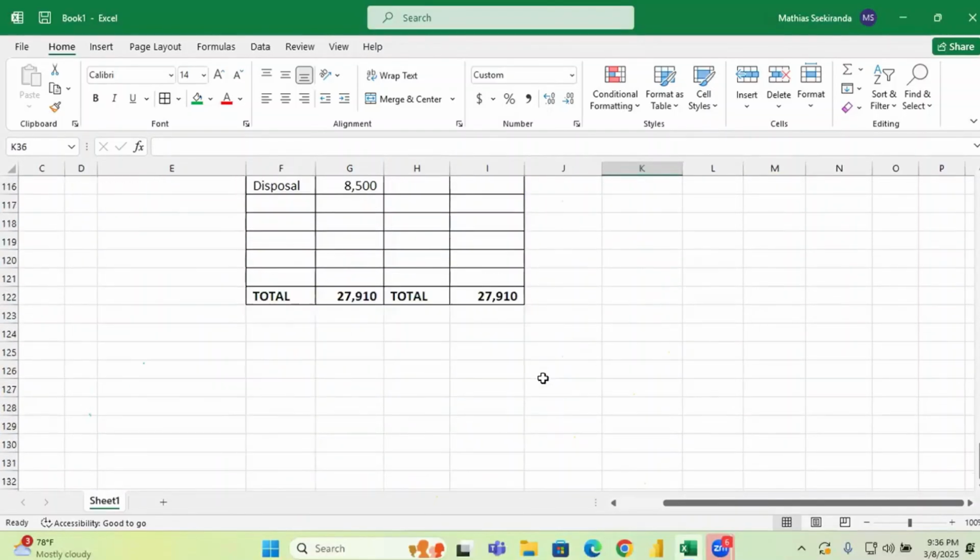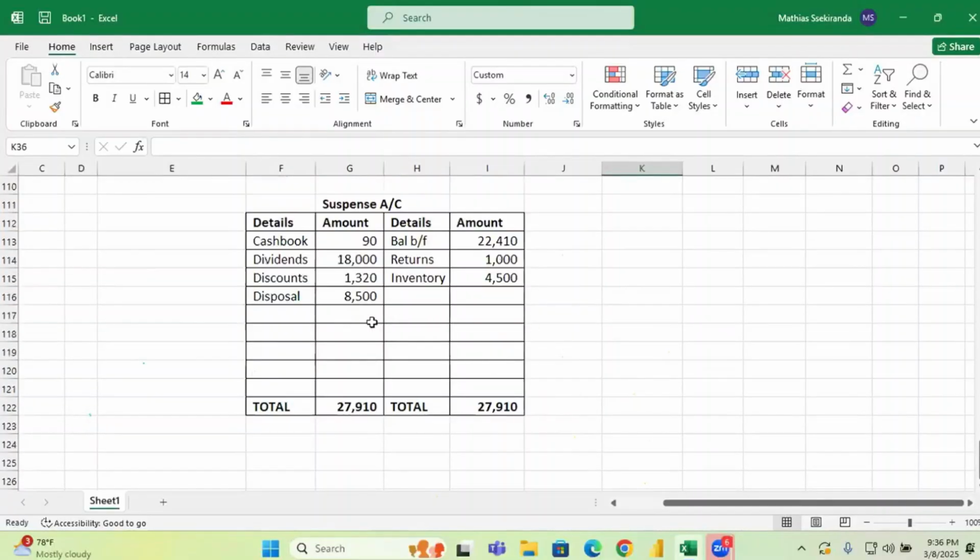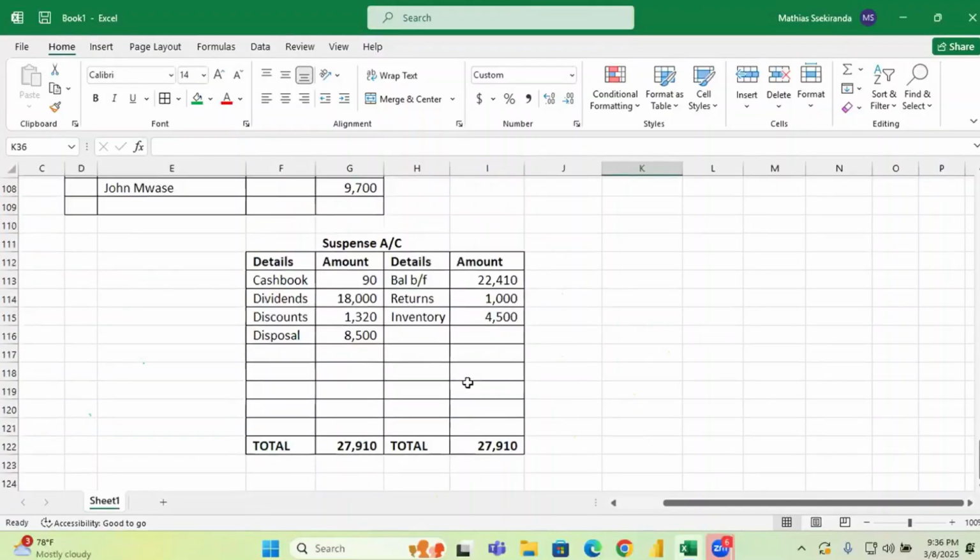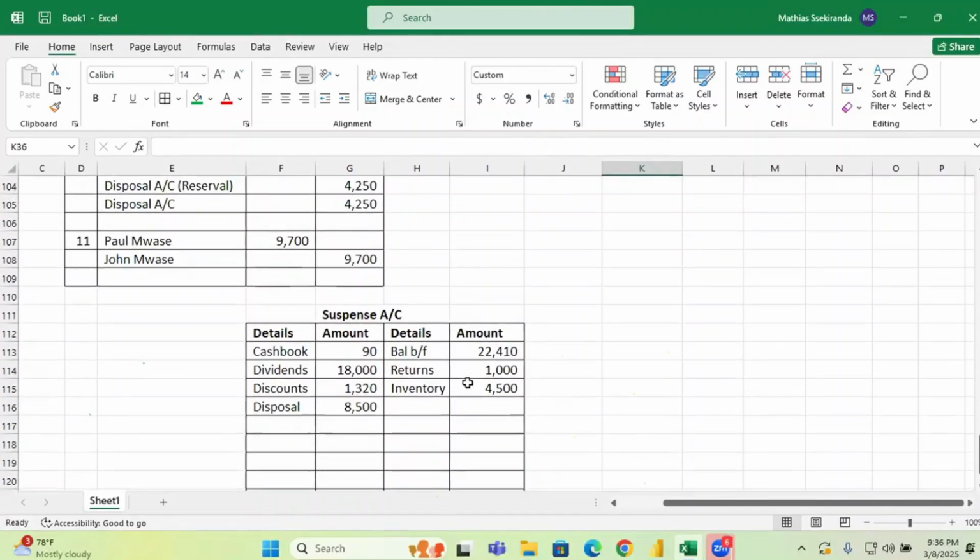I think I've answered you. Yes, please. Another question. As we are looking at the categories of journals, we said a cash book is one of them, which is a journal at the same time a ledger. Now, in an exam, is there a possibility that an examiner can categorize a cash book as a journal in any way?